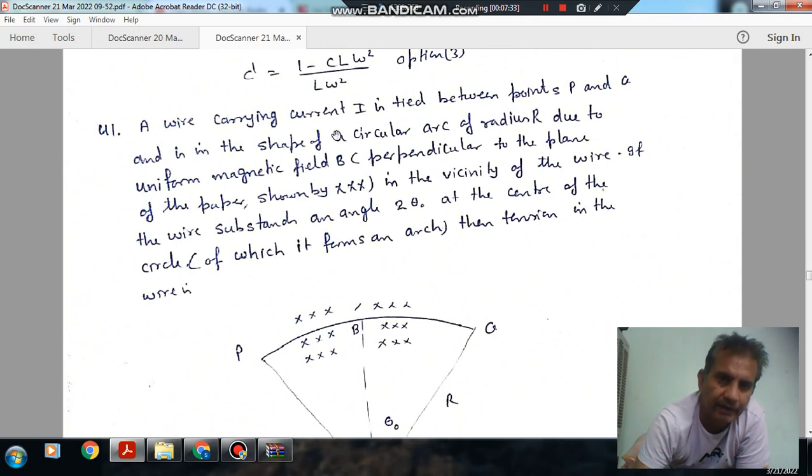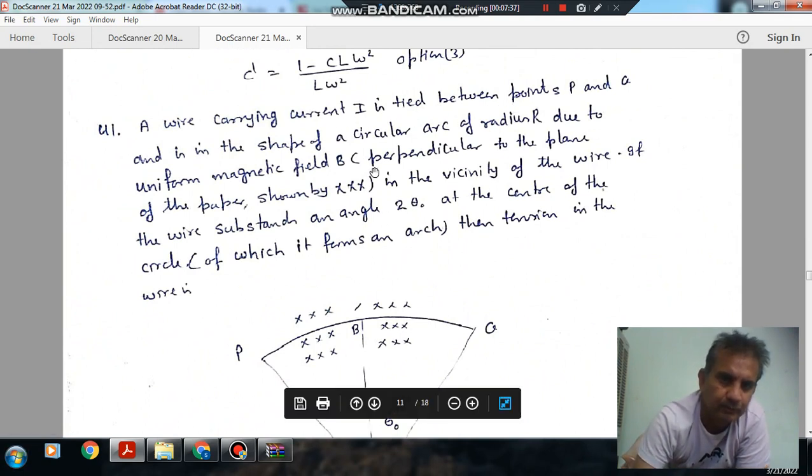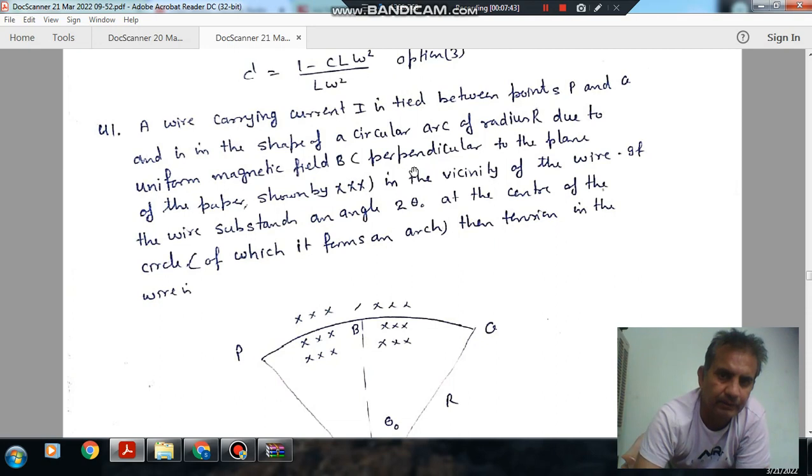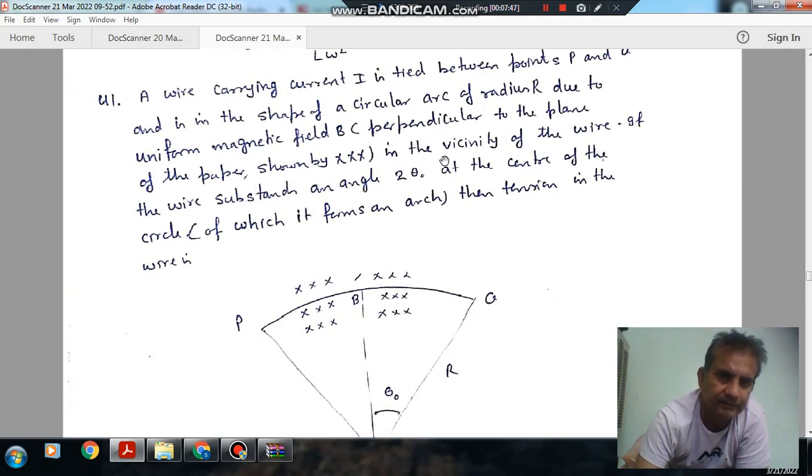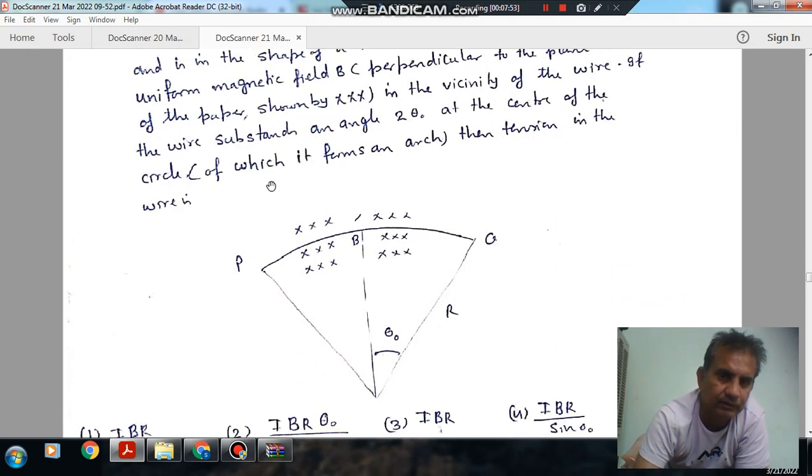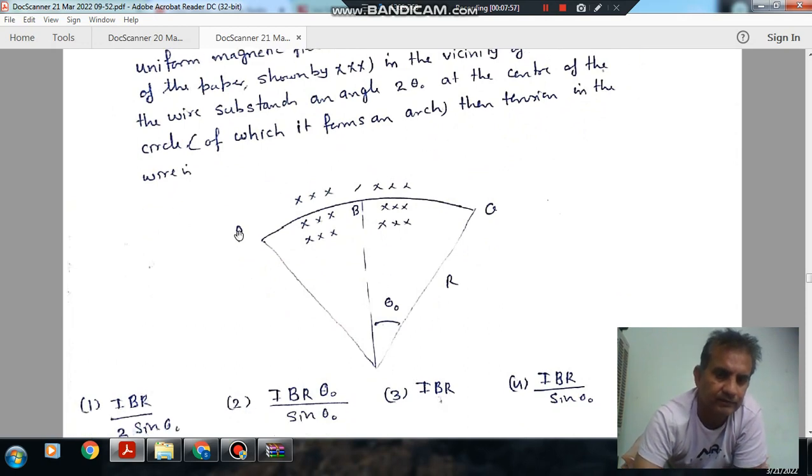Next, a wire carrying current I is tied between points P and Q and is in the shape of a circular arc of radius R due to a uniform magnetic field B perpendicular to the plane of the paper, shown by x, in the vicinity of the wire. If the wire subtends an angle theta naught at the center of the circle of which it forms an arc, the tension in the wire is.